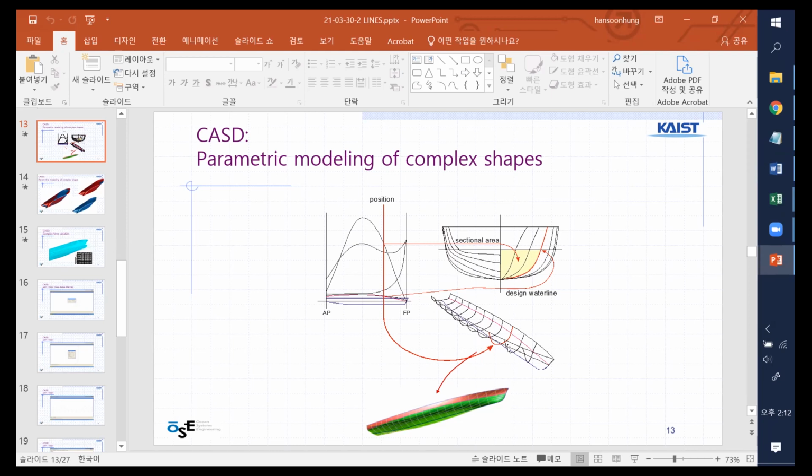So along the longitudinal length, and with the shape doubled, we can arrive at this kind of series of curves.